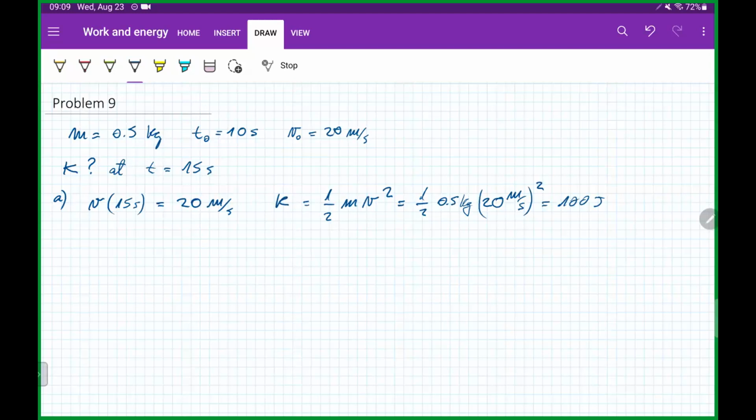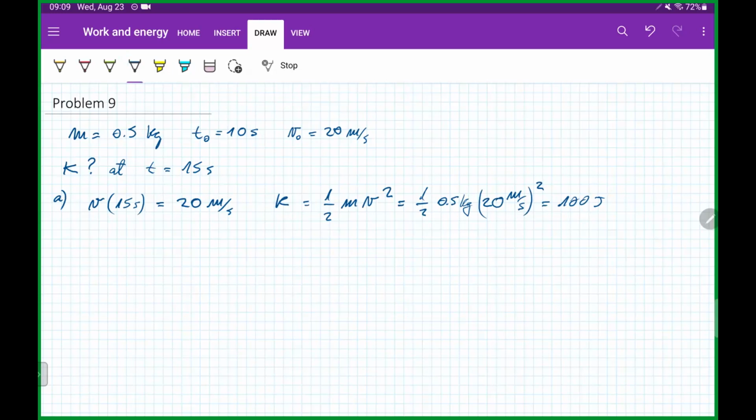So if you don't remember that, you can always go back to yesterday's class and take a look at that. So this thing is not an arbitrary definition. That 1/2 mv squared is coming from an actual derivation. Yes. So that's for A.